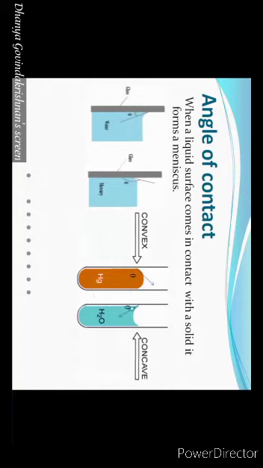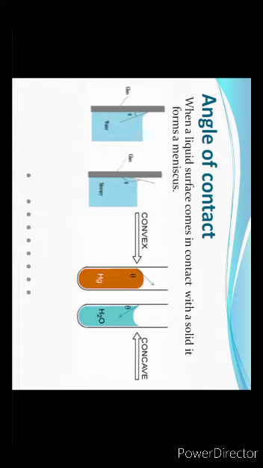Where water is seen, H2O, to the tangent, angle theta is the angle of contact. That angle is acute and the meniscus is concave. At the same time, for mercury, the angle here is obtuse and the meniscus is convex. So angle of contact is the angle between the tangent drawn to the surface of the liquid and the solid.